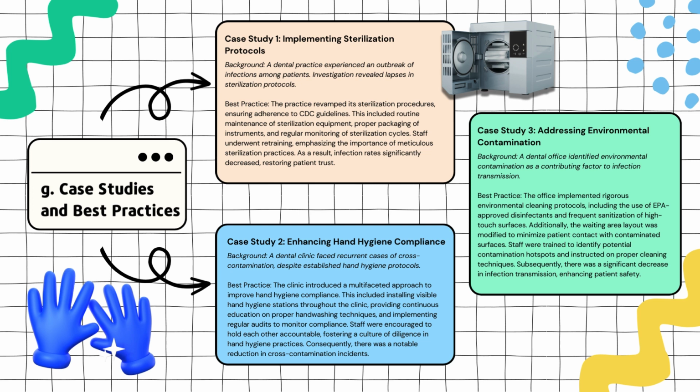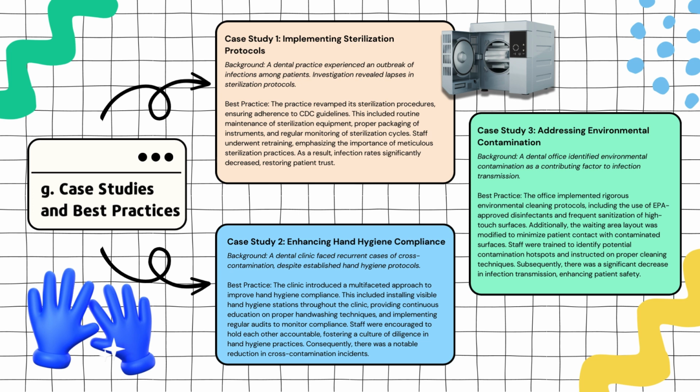Now for our last case study, a dental office identified environmental contamination as a contributing factor to infection transmission. The best practice here is that the office implemented rigorous environmental cleaning protocols, including the use of EPA-approved disinfectants and frequent sanitation of high-touch surfaces.